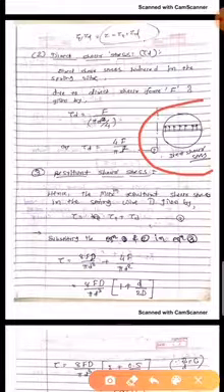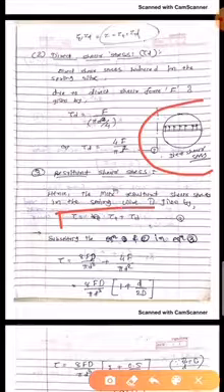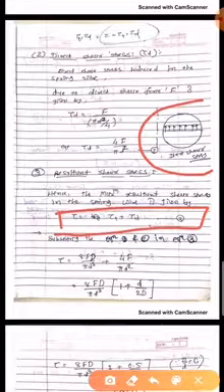Now the resultant shear stress. The summation of torsion shear stress and direct shear stress is the resultant shear stress. Hence the maximum resultant shear stress in the spring wire is given by tau is equal to tau T plus tau D, that is, torsion shear stress plus direct shear stress.